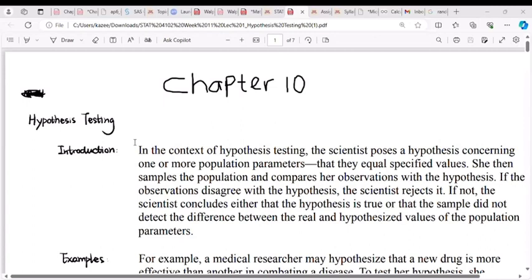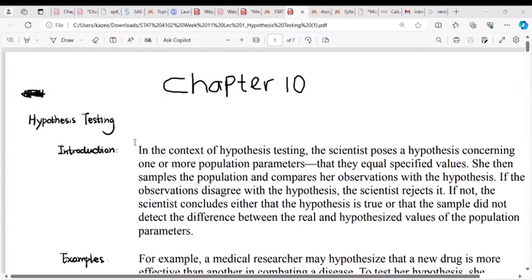If we really want to figure out the true value of a parameter, we're going to have a certain value in mind. Now, that value that we have in mind, we're going to investigate whether the value is true or not. So an assertion about the value of a parameter is what we call a hypothesis.